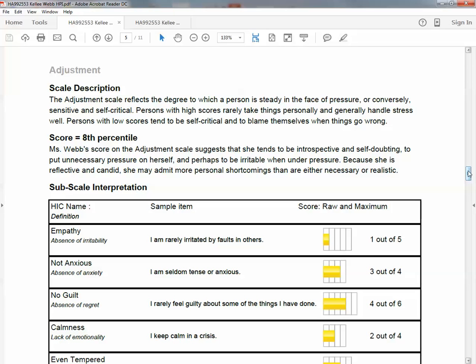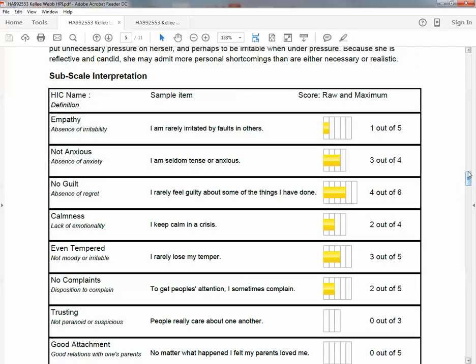And so you can see some of the questions that are asked to roll up to this overall score. They look at empathy, whether or not there is anxiety or guilt or calmness. Some of these subscales roll up into adjustment, and that's how they determine your overall adjustment scale.